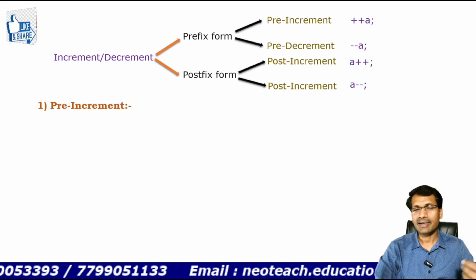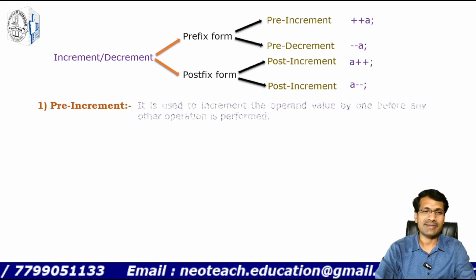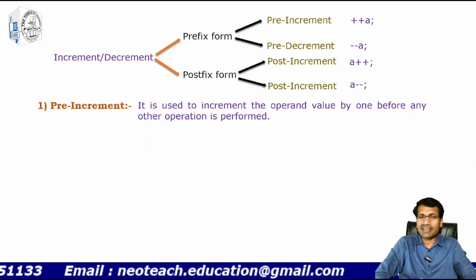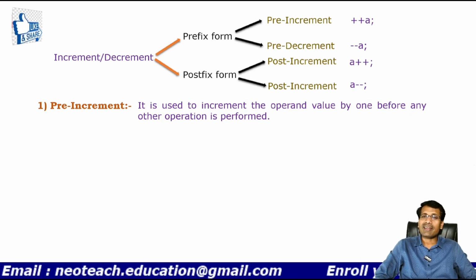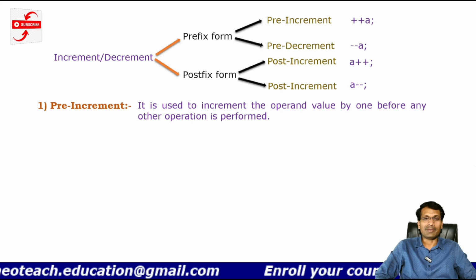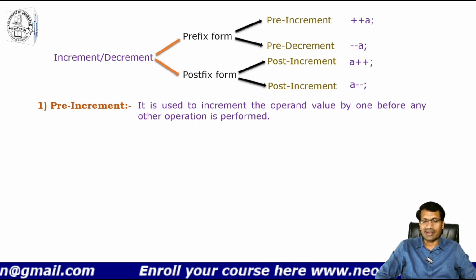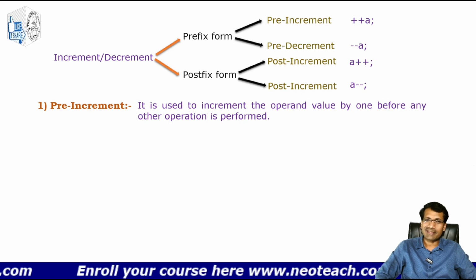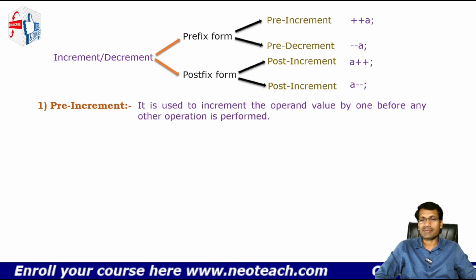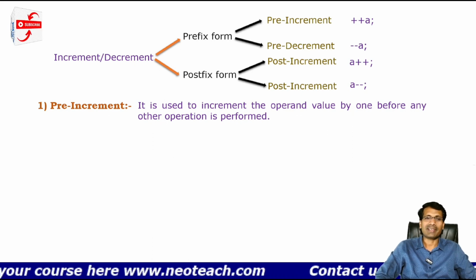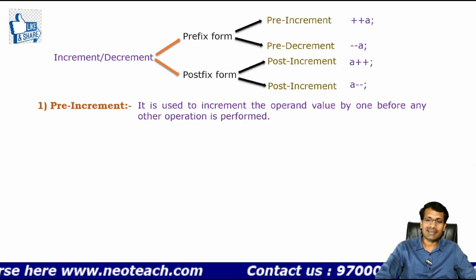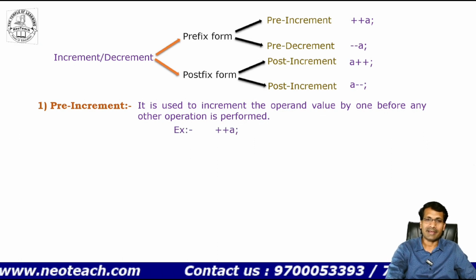Let me discuss pre-incrementation first. It is used to increment the operand value by 1 before any other operation is performed. Whenever we have more than one operator in a single expression, we should give priority to pre-incrementation. This is the main thing.